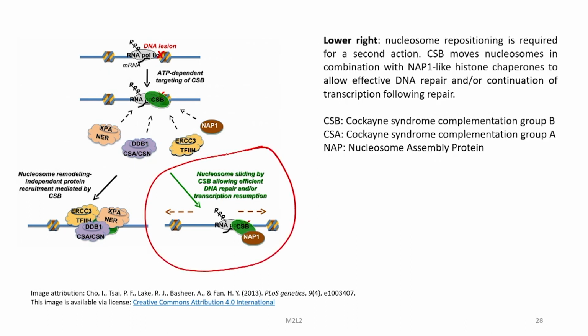In the lower right, we can see the nucleosome repositioning, which is required for a second action. CSB moves nucleosomes in combination with NAP1-like histone chaperones to allow effective DNA repair and or continuation of transcription following the repair.